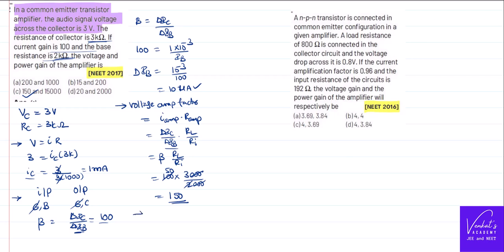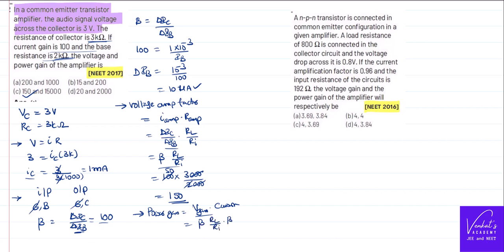Of course, we can also calculate the power gain, or power amplification factor, as power equals voltage into current. So that is voltage gain into current gain. Voltage gain, I have already written the formula: beta into RL by RI.